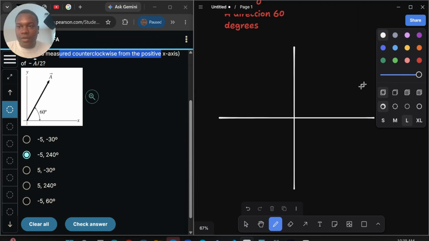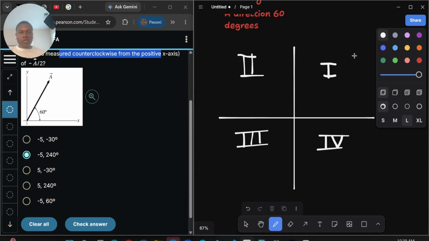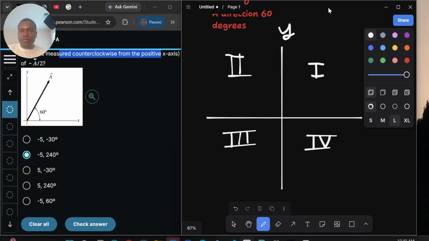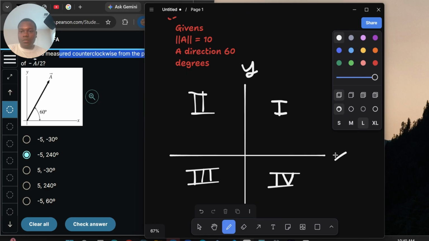So this is how the angle is measured here. Angles on a coordinate plane like this are measured from the x-axis counterclockwise. Right?